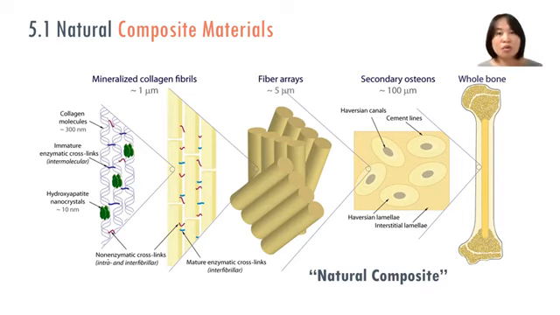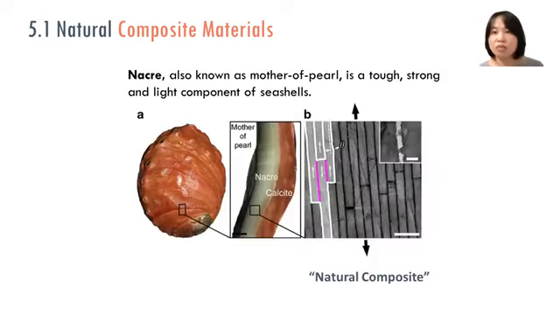Yes, this is the whole structure, level by level, of our bone. This natural composite material is fascinating. It is actually a natural nanocomposite, a composite down to the nanoscale. That's why this bone can support our whole body but still be light. It does a very good job, right?